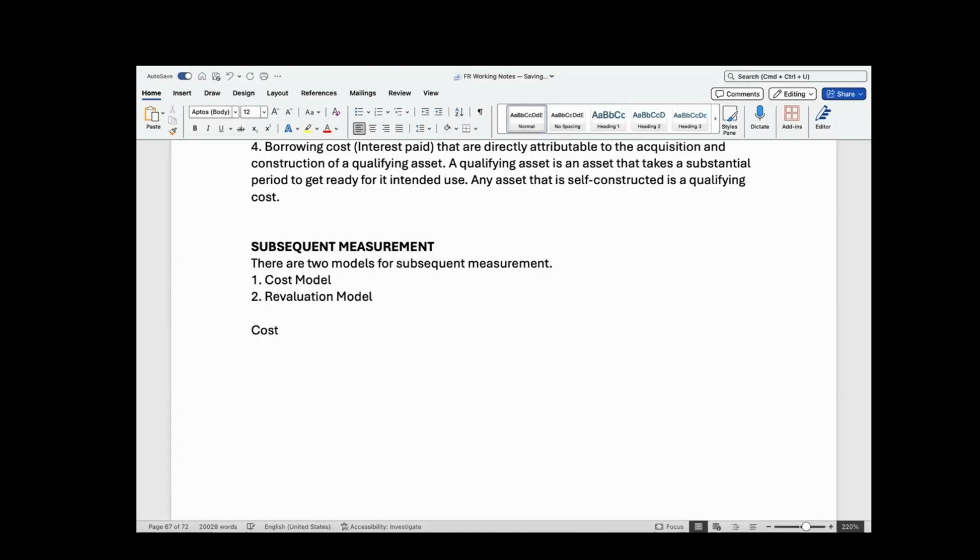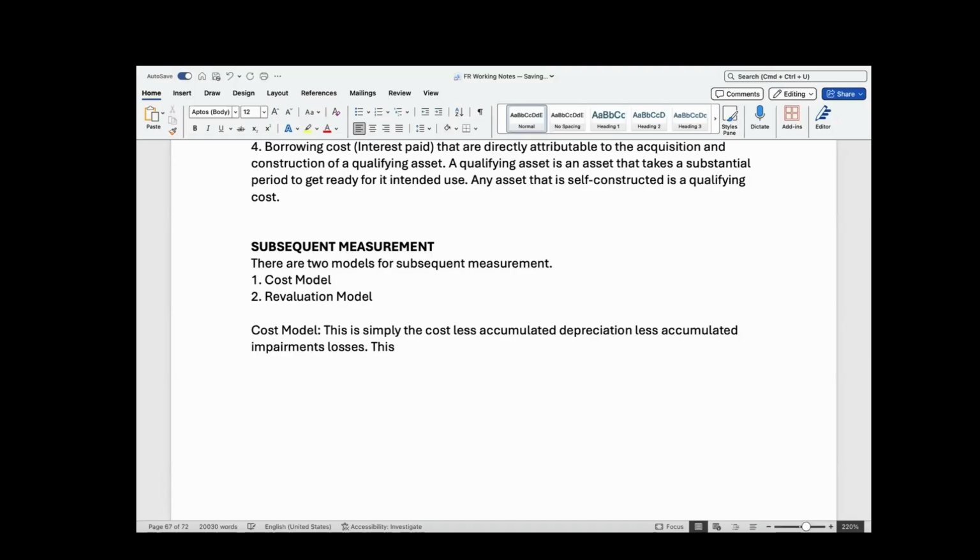And when we say cost model, this is simply the cost of the asset less accumulated depreciation less accumulated impairment losses.